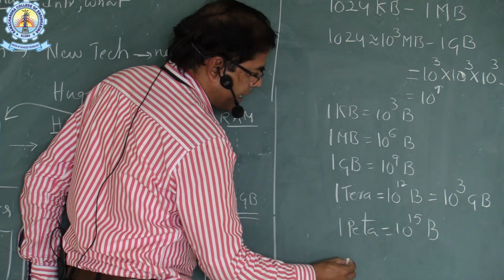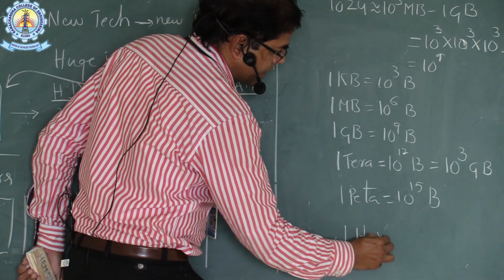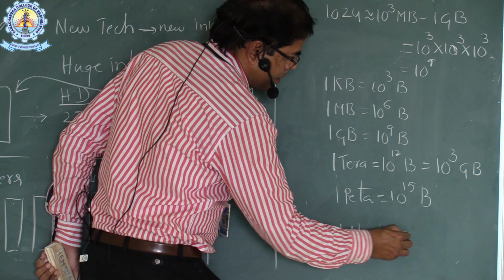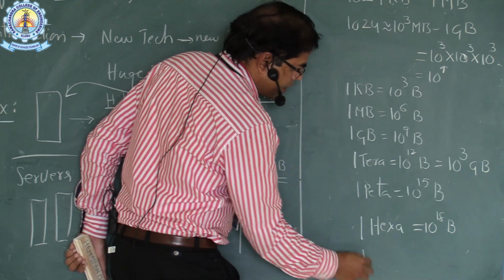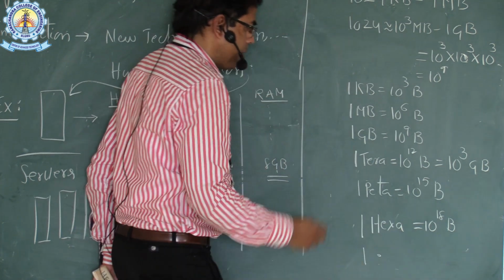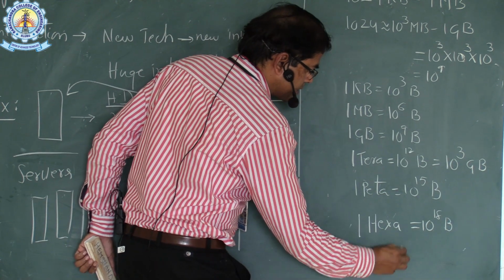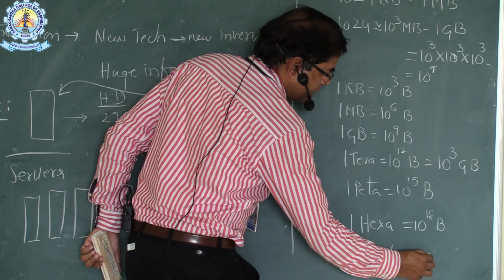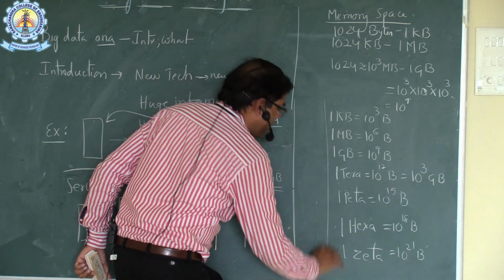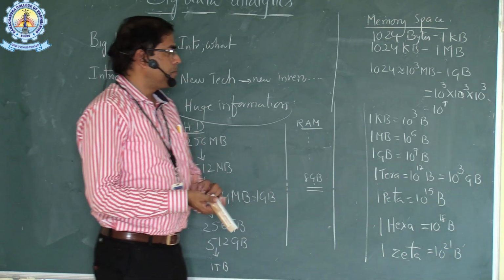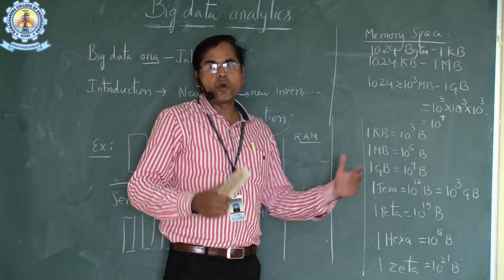After petabytes, we can go to 1 exabyte, 10 to the power of 18 bytes. After this, if you come to zettabytes, it is 10 to the power of 21 bytes. These are the hierarchy.